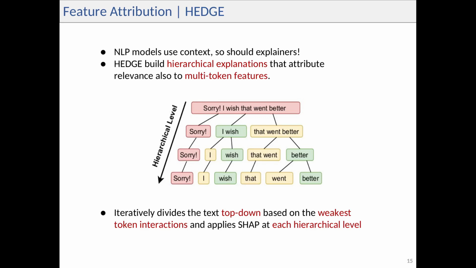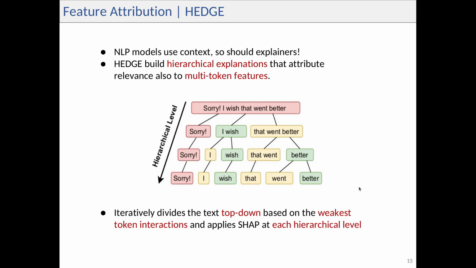So the main thing is, if BERT and similar models use context, so should explainers, which is the intuition of Hedge, which builds hierarchical explanations that can attribute relevance also to multi-token features. So not only to words taken singularly, but also to combinations of them.